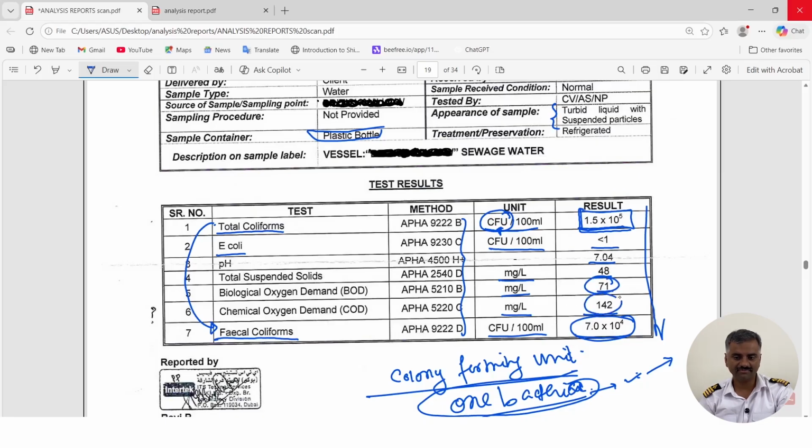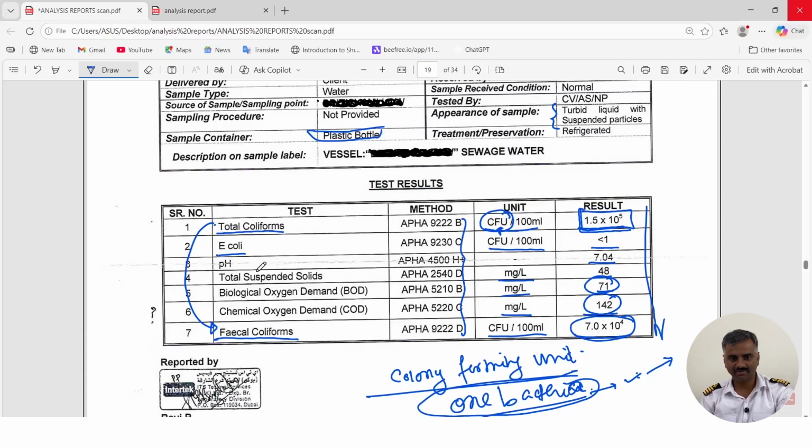So these values have considerably reduced. IMO wants the sample to be less and less damaging to the environment, cleaner, more disinfected and better.